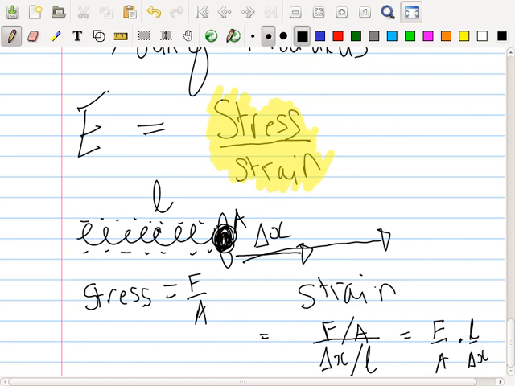If the material has a large E, it is difficult to change its shape. So again, if E is very large, it's very difficult to change its shape. Stiffness, yeah, it's related to that. So this table, big E or small E?